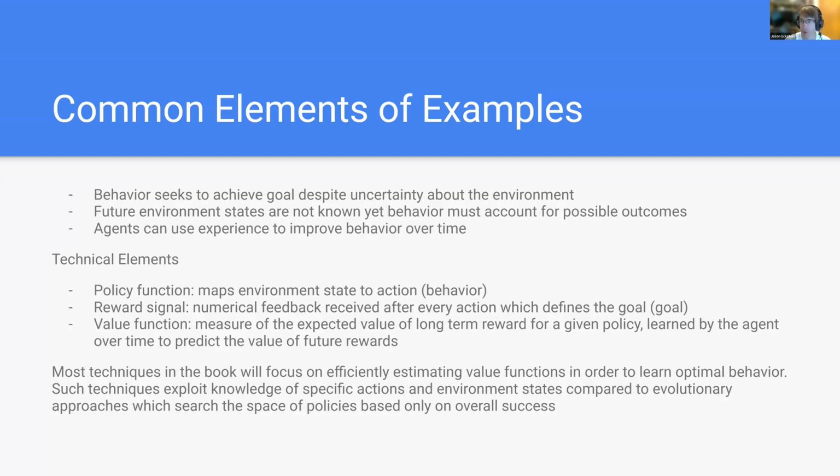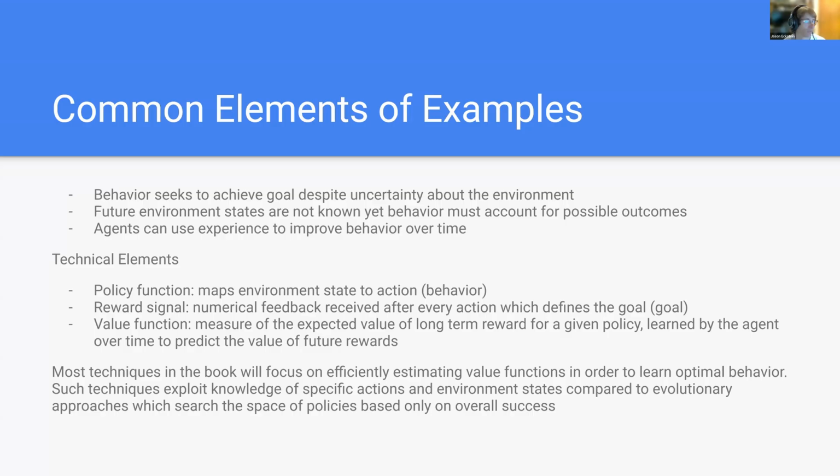But for all of the elements I've mentioned already, like I mentioned, the behavior of an agent. And in the book, eventually that will be referred to by a more technical term when we talk about the policy function. And the policy function is just something that maps the environment state to an action, either to a defined action or to a distribution among actions if we have a stochastic policy.